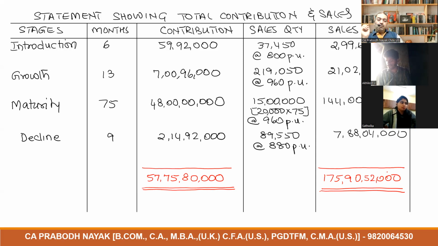So this is your essay question. 20 marks, all full calculations. So on product life cycle, we can have a question of this type where they are asking you to prepare the entire product life cycle. So how much is your total number of months?